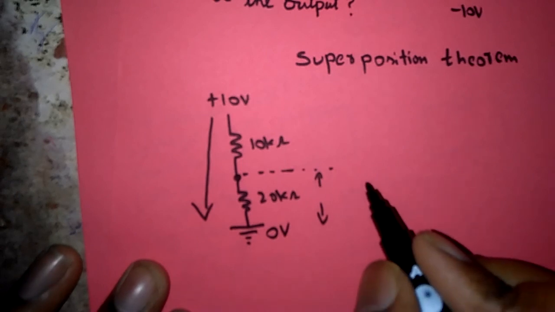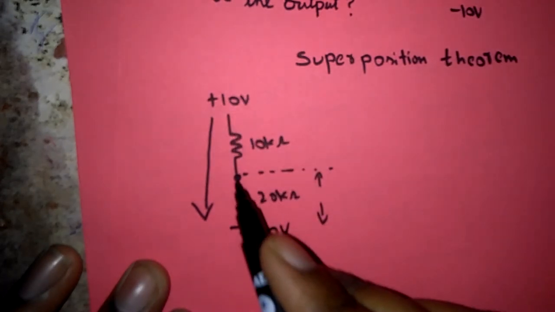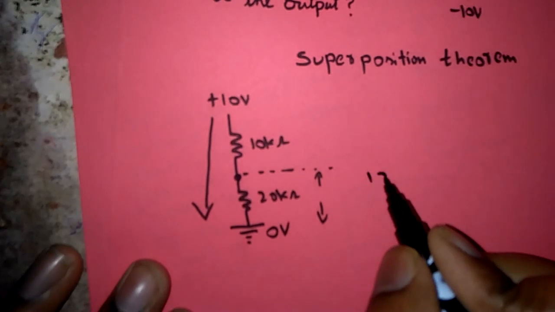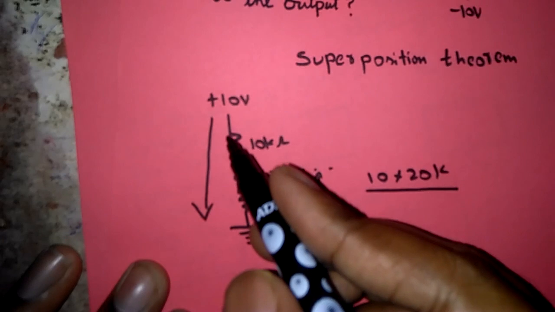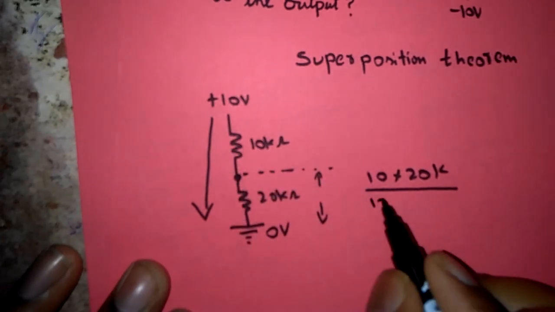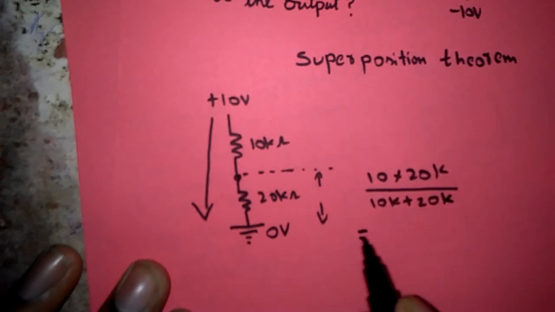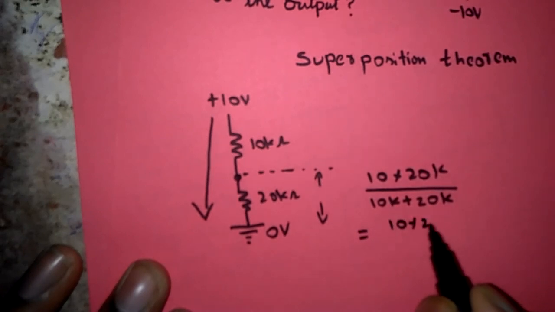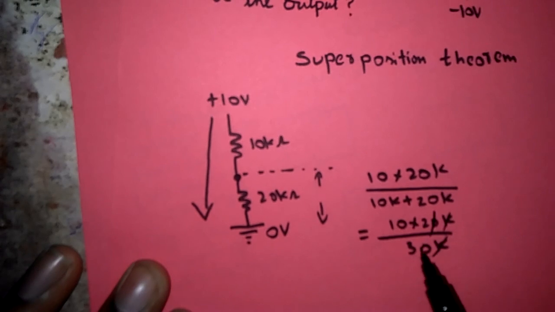So 10 into 20k divided by total resistance in the path, that is 10k plus 20k, which is equal to 10 into 20k by 30k. Here k will be cancelled, 0 will be cancelled, so simply it is 20 by 3 volts.